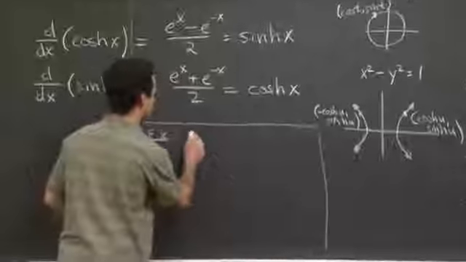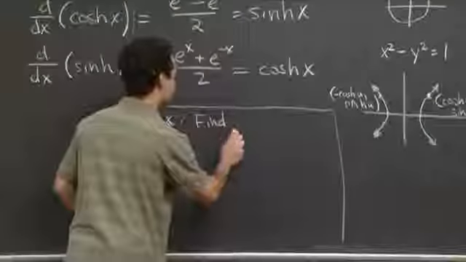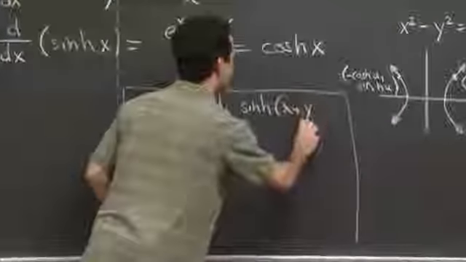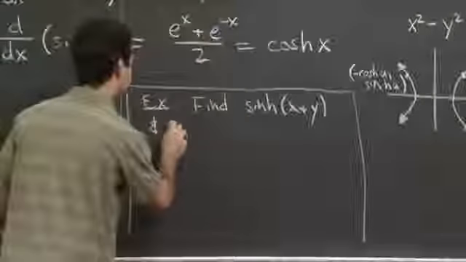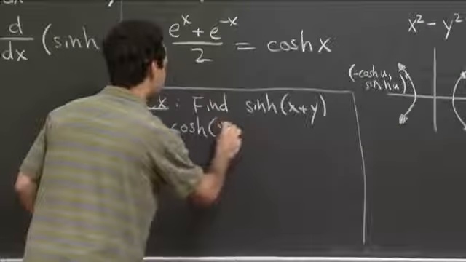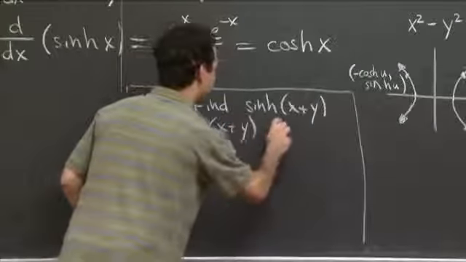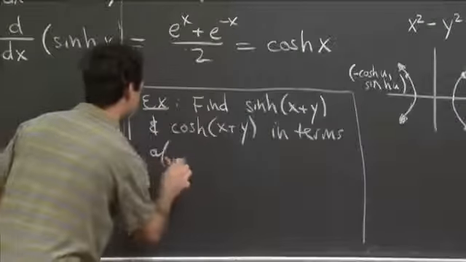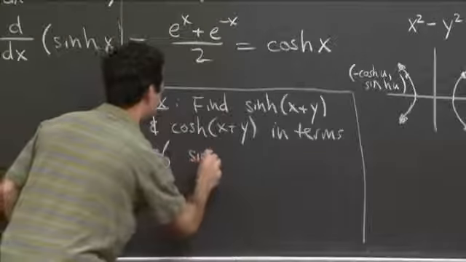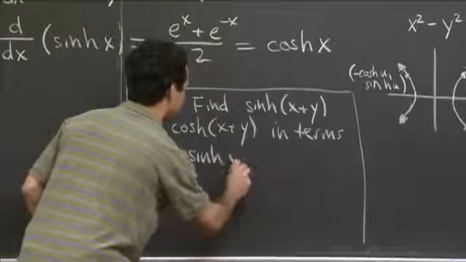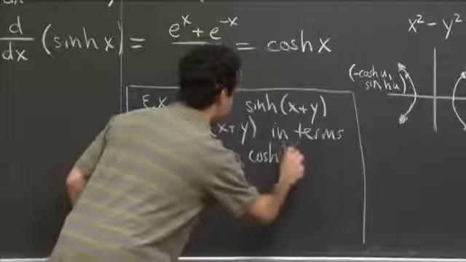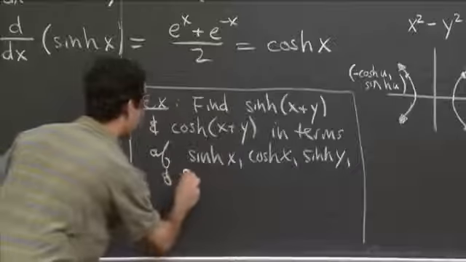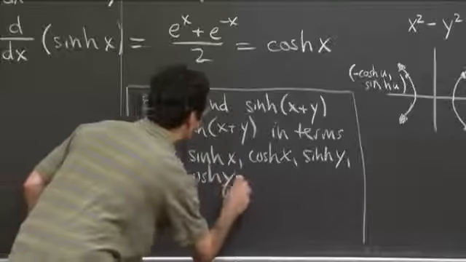Exercise: find sinh of x plus y and cosh of x plus y in terms of sinh x, cosh x, sinh y, and cosh y.